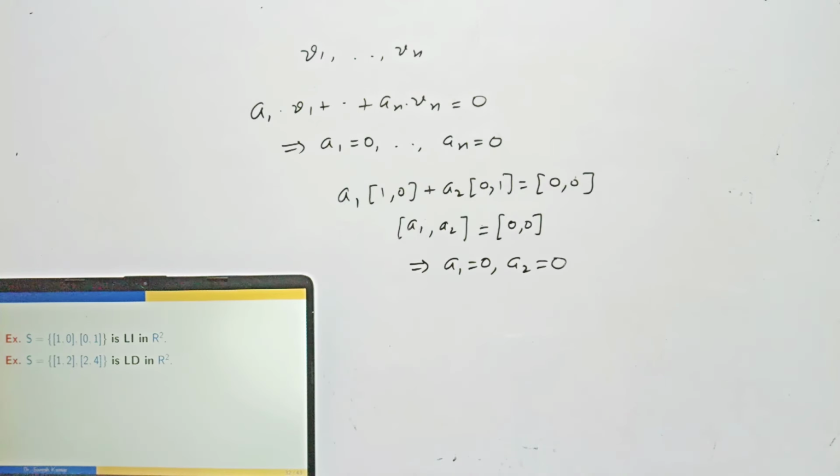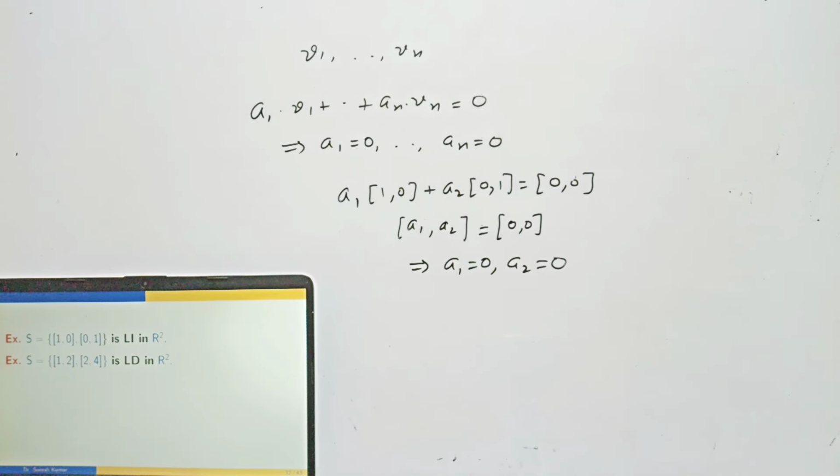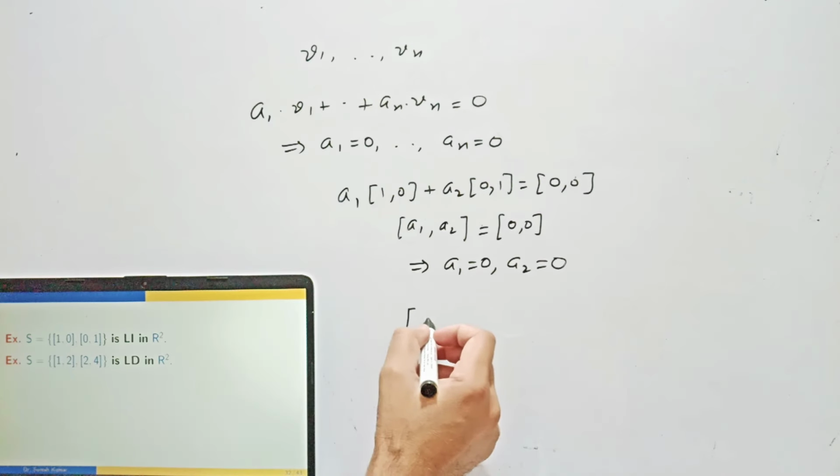This you can verify yourself, that (1, 2) and (2, 4) are linearly dependent. Why? If you go in the same manner, you will have infinitely many solutions in this case. You have done it earlier, okay? Otherwise also I can write a combination which gives the 0 vector but at least one scalar is non-zero. What is that combination?